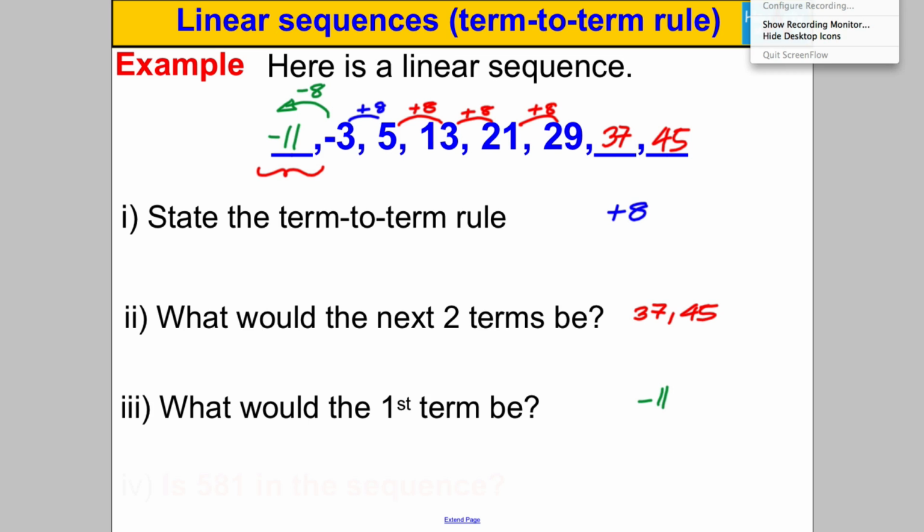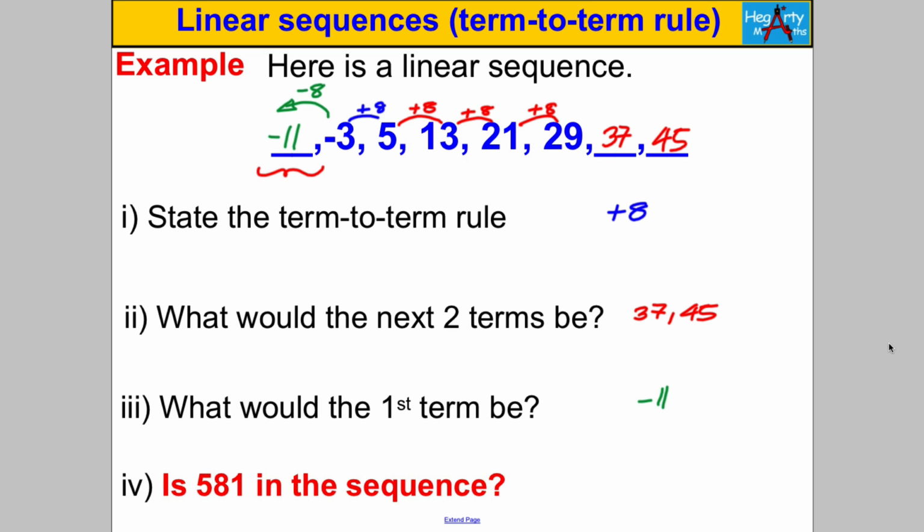Okay? And that's pretty much it for this particular video, other than to leave you with a little puzzle. Suppose I asked you, is 581 in this sequence? Is 581 a term in that sequence? I wonder if that's causing you some problems. It's certainly causing me some problems because I'm thinking to myself, to check that, I'd have to keep adding 8 from 45, and to be honest with you, I don't want to be here all day doing that.